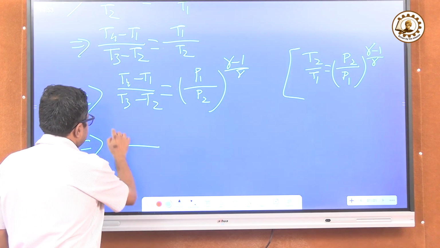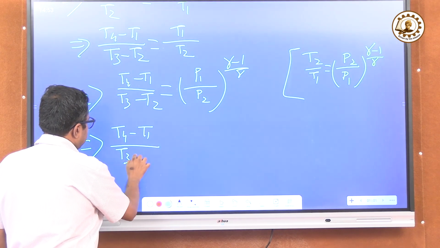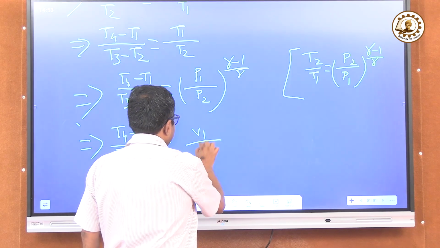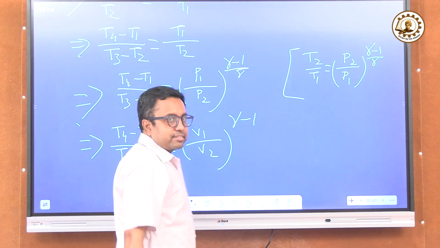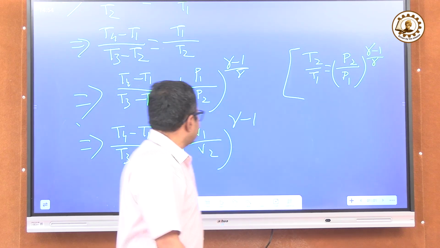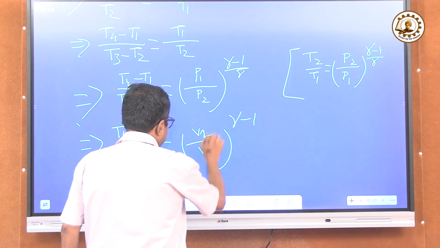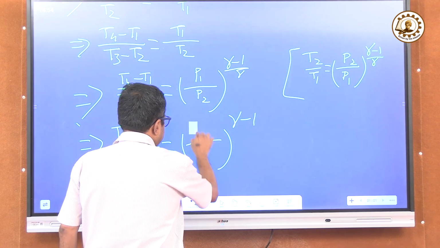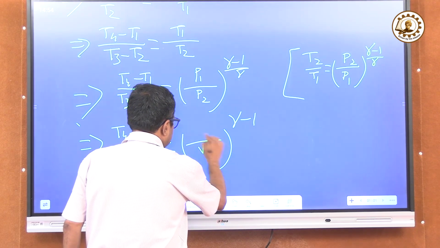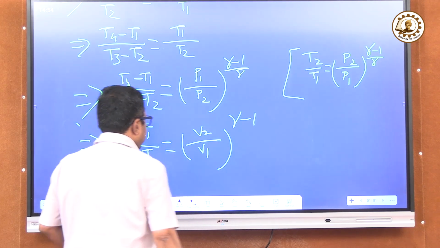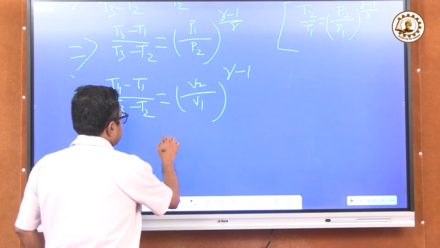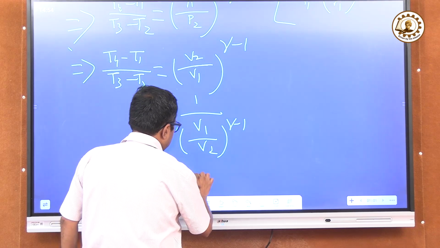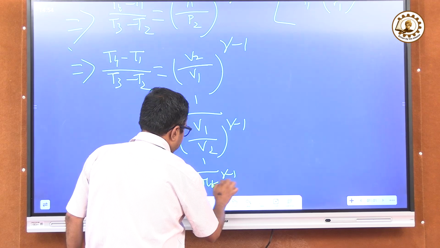(T4 minus T1) by (T3 minus T2) is equal to, pardon me, it is (V2 by V1) to the power (gamma minus 1), or we can write it as 1 by (V1 by V2) to the power (gamma minus 1), or 1 by Rk to the power (gamma minus 1).